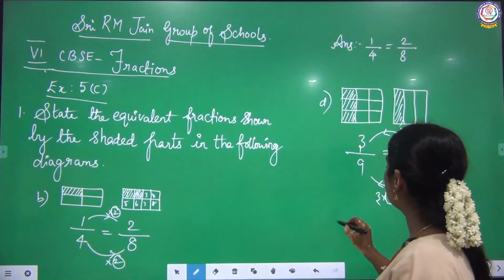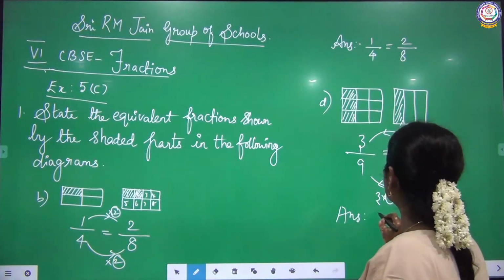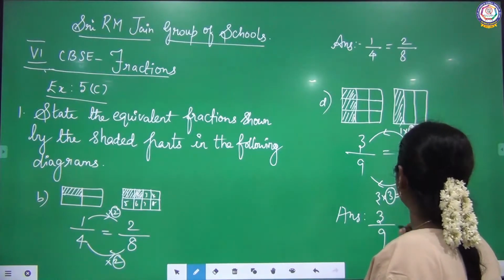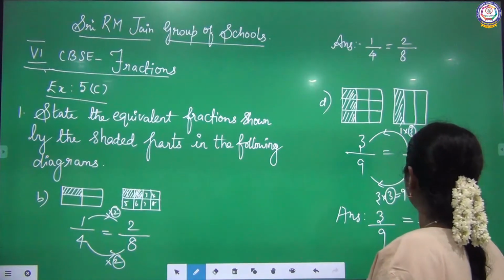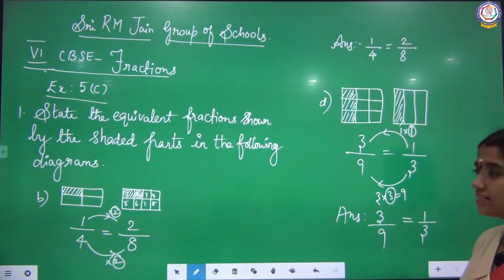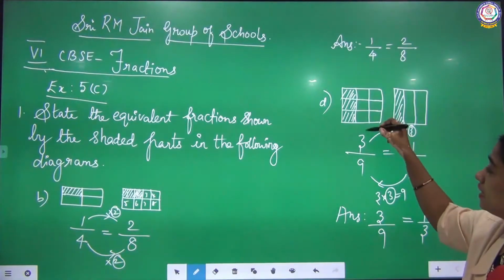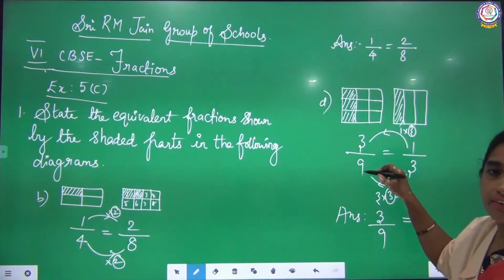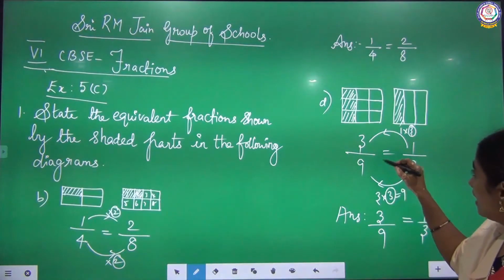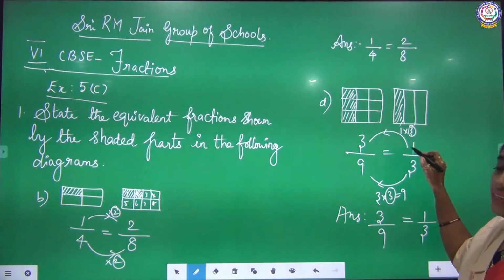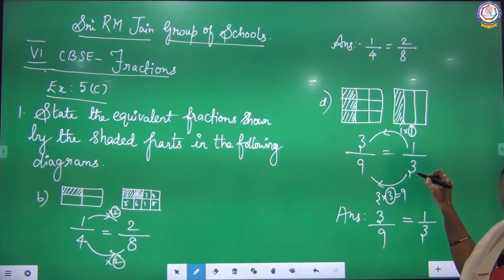So what is my answer? 3 by 9 is equal to 1 by 3. Shaded part is what here? 3. The total number of equal parts is what here? 9, and here 1, and the total number of equal parts here is 3.